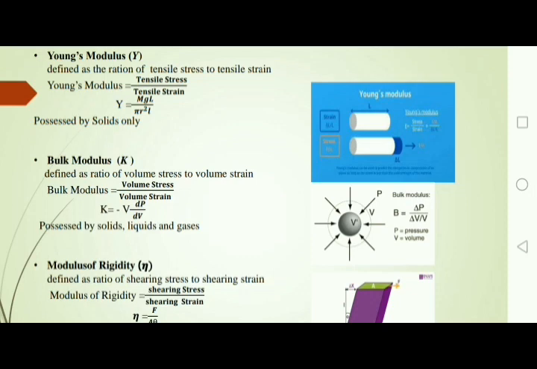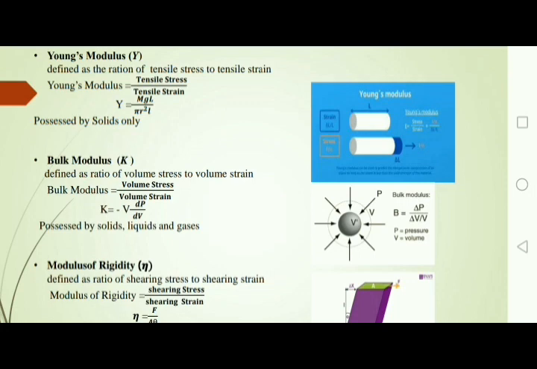Suppose I have a wire with length capital L and radius R, suspended from some rigid support, and at its free end I attach some weight or mass m. Then we will find there is a small increase in the length of the wire.